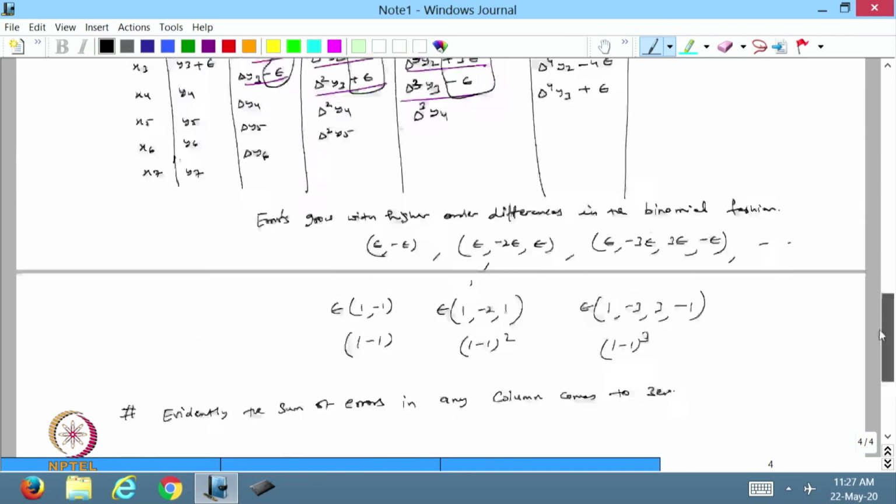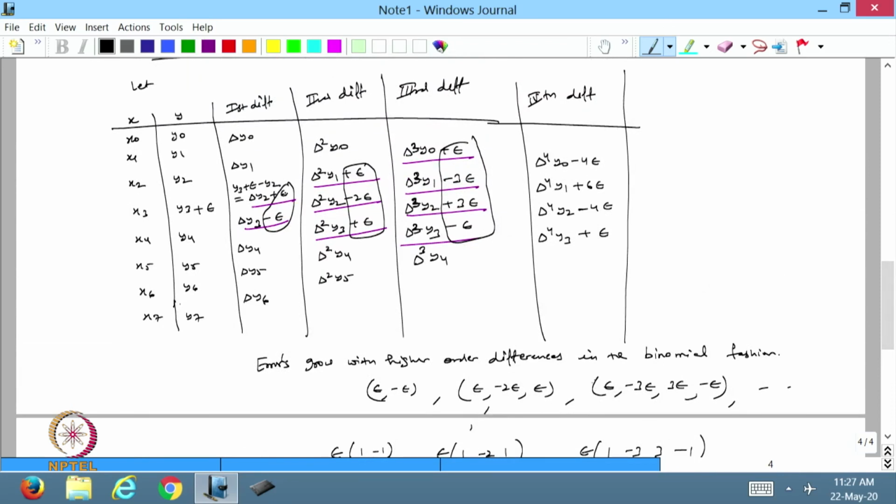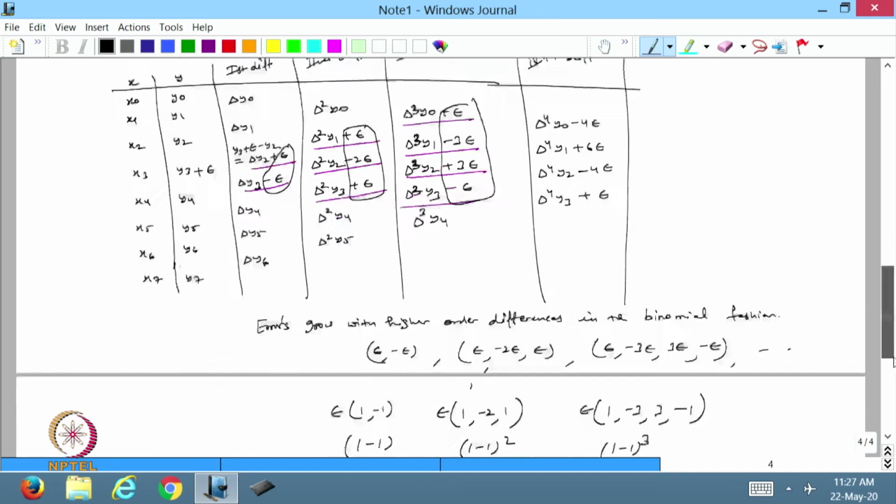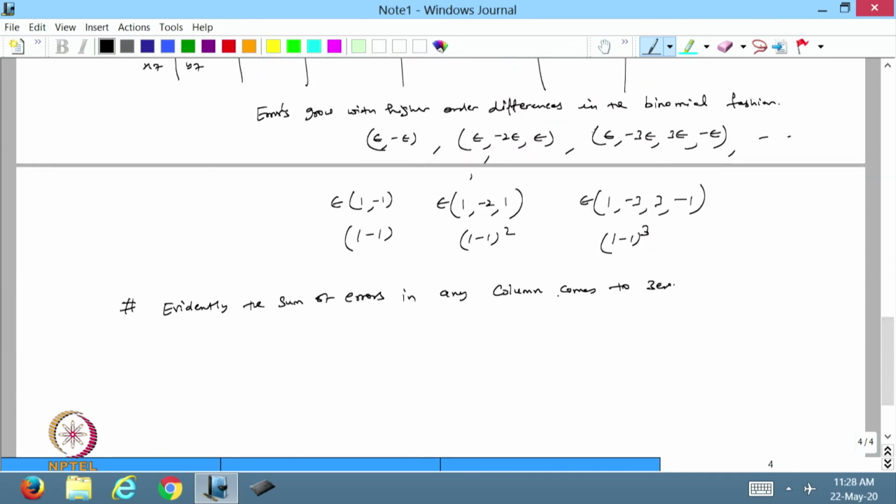So, if I choose any column and add the error, so plus epsilon minus epsilon 0, plus epsilon minus 2 epsilon plus epsilon, so that will be 0. So, if I choose any column and add all the errors, that comes to 0. So, that is one of the properties of the finite difference table.